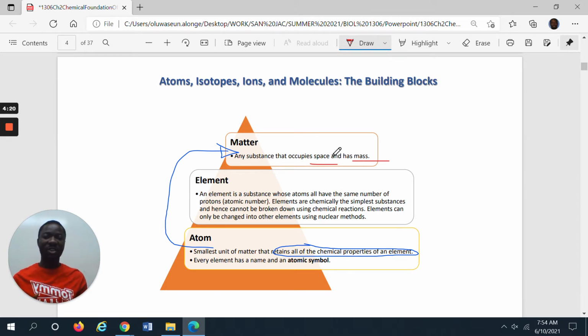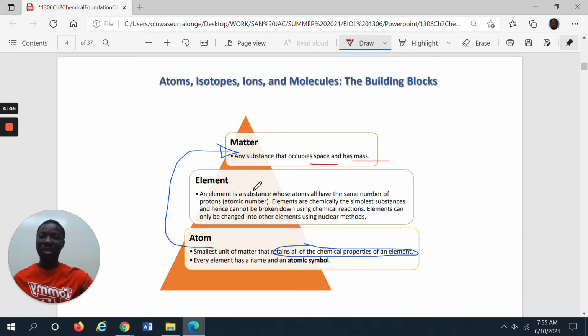I learned that song about 15 years ago or more. So those are elements, and each of those elements has a specific number. We call it proton number. It's going to also be the same as atomic number, but we'll be talking more about it.